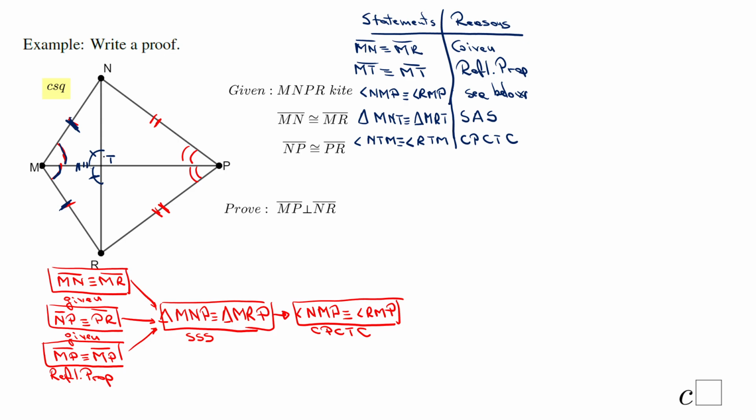But also these angles form a line, they are supplementary and they are congruent. So by the way, let me write that here, the measure of angle NTM, we're gonna need that, is equal to the measure of angle RTM, and this is definition of congruent angles, right?